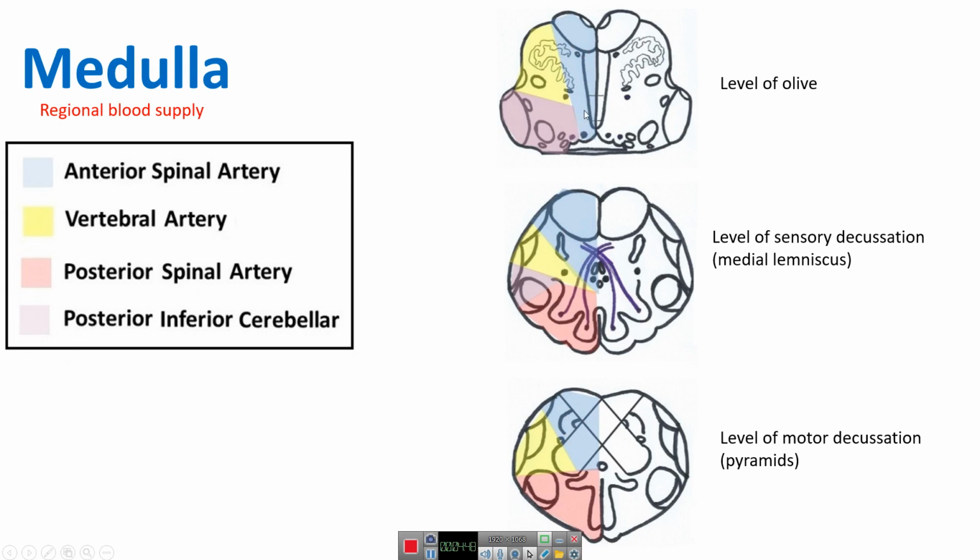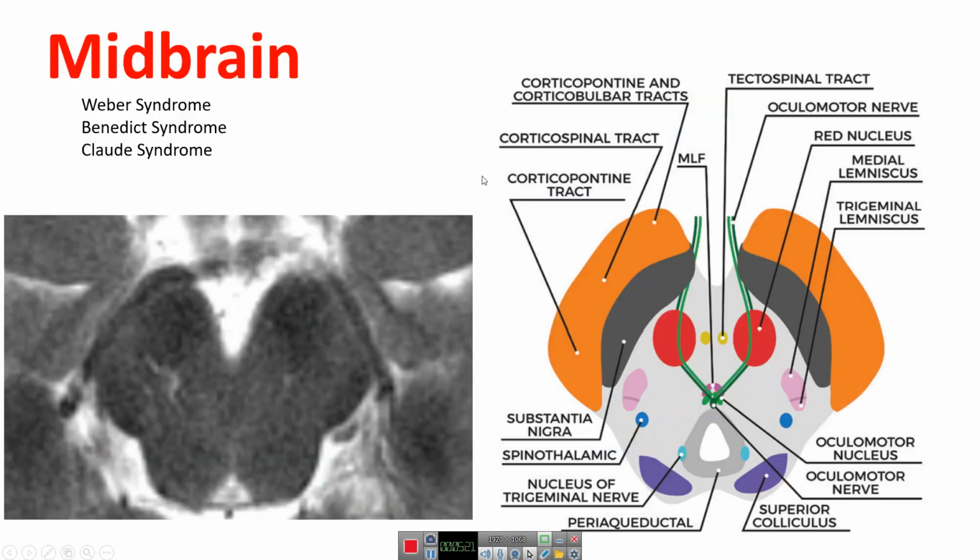The posterior spinal artery supplies a small part in the middle cuts of the medulla at the level of the sensory decussation, while the posterior inferior cerebellar artery, the PICA, supplies the posterolateral part of the medulla. These levels of the medulla represent the regional blood supply.